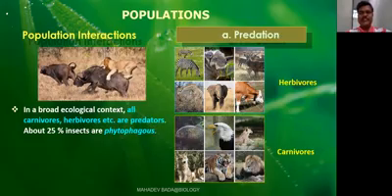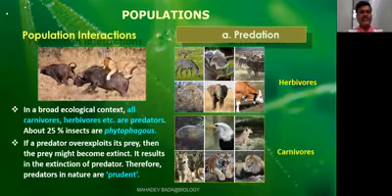Phytophagous are the type of insects that eat the plants. So, if a predator overexploits its prey, then the prey might become extinct. It results in the extinction of the predators. Therefore, predators can be very dangerous. Sometimes they make the prey vanish off, go extinct.